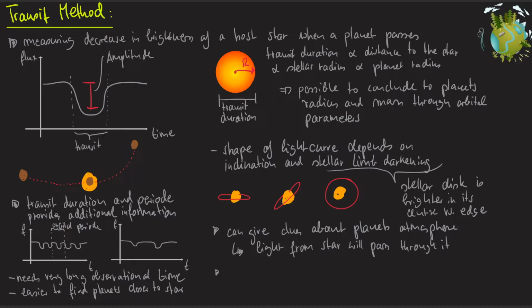So some parts of the wavelengths of the light from the star will get more absorbed, and others just pass through. It can also reveal rings around the planet if the cover of the planet is not perfectly opaque.